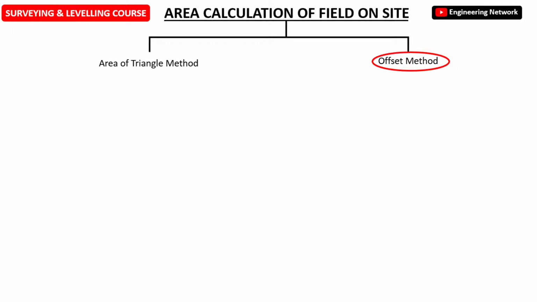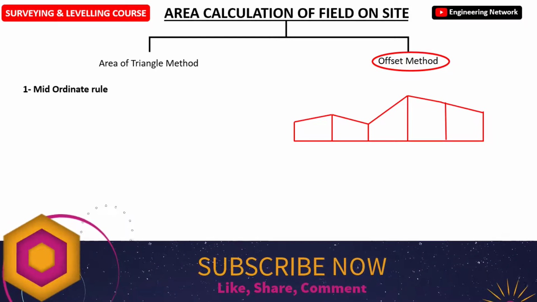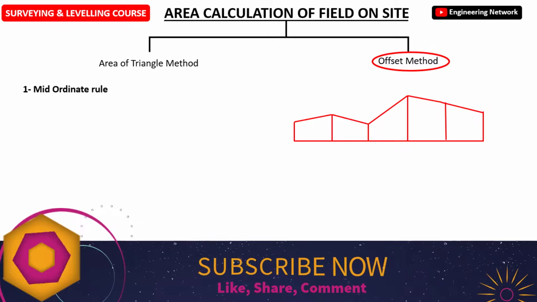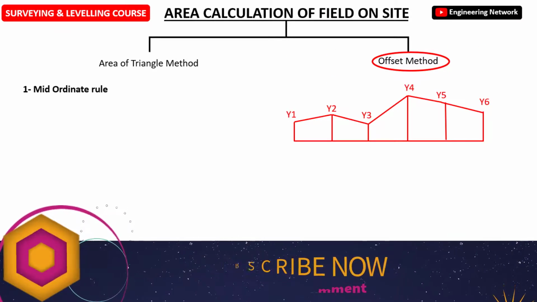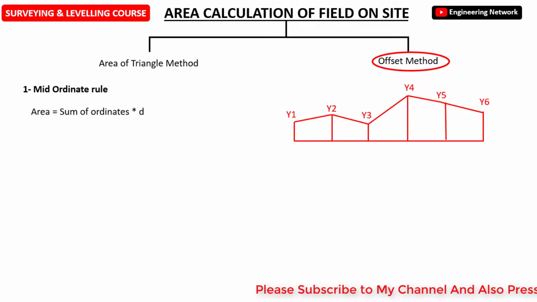So the first rule is the mid-ordinate rule. Let's suppose we have a field or plot and we divide the whole field into small offsets like y1, y2, y3, y4, y5 and y6. In order to calculate the area of this field using the mid-ordinate rule, we have a formula which is: area equals the sum of ordinates multiplied by d.